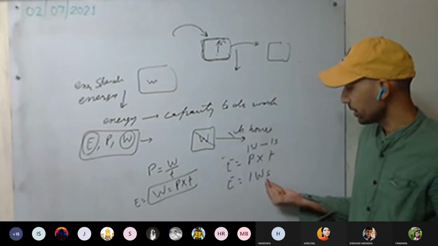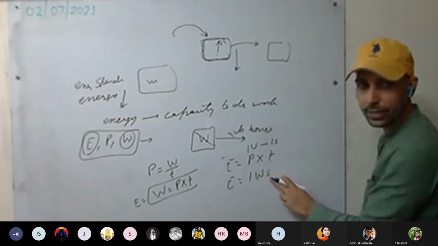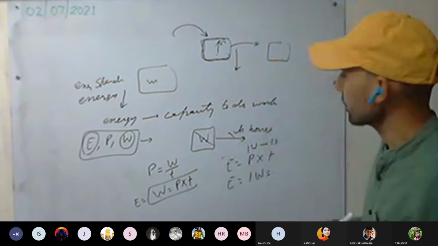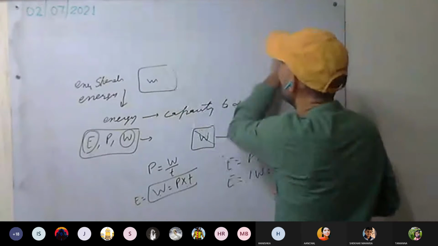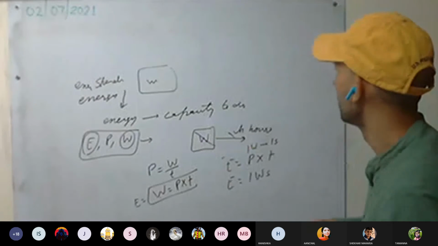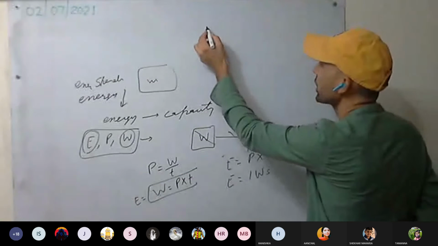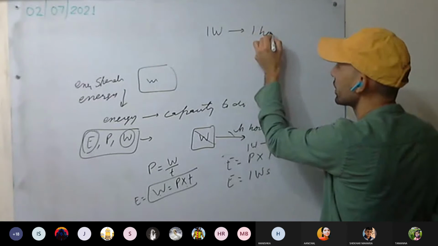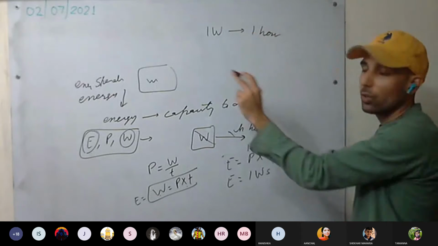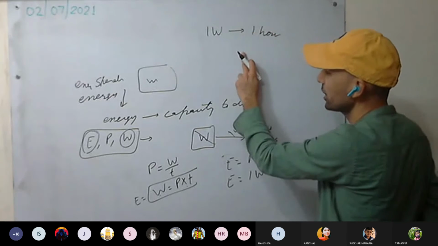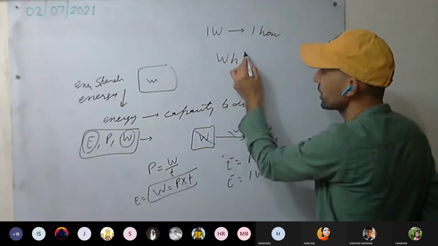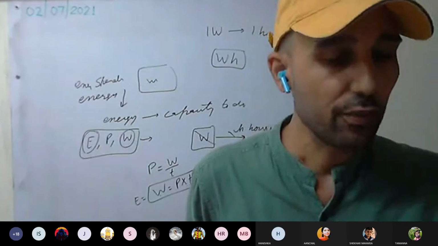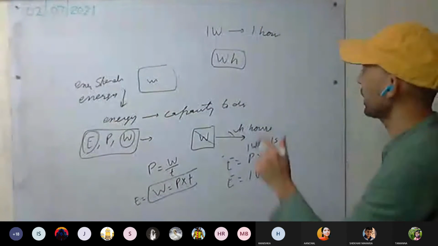Now a body of 1 watt does the work for 1 hour. What will be the energy spent? 1 watt hour is the energy spent.